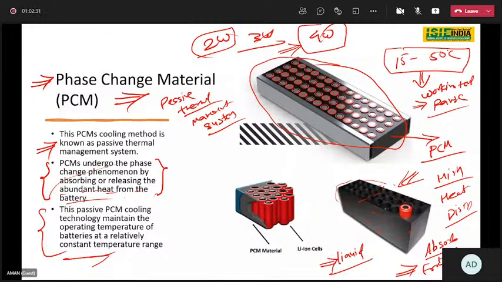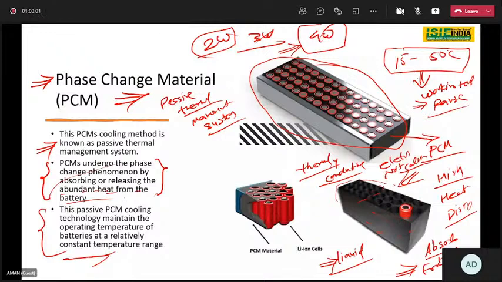This type of wax is thermally conductive and electrically non-conductive. So it is basically absorbing the heat, and at the same time it is maintaining the temperature of this particular cell within the working temperature.